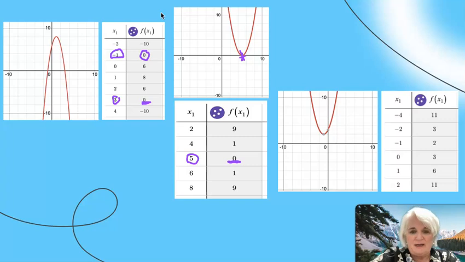You learned how to find the vertex in a previous lesson in quarter 1. In the summary, I have the formula for it. It's negative b over 2a is the x, and that's what you're looking for, because you know the y is 0.